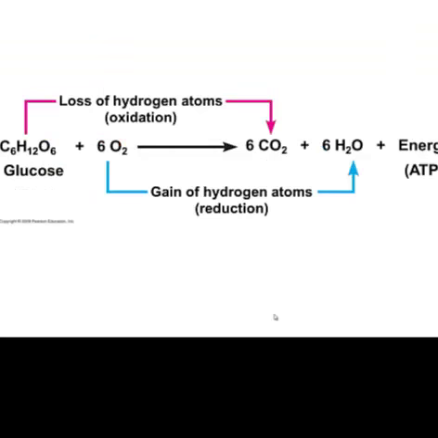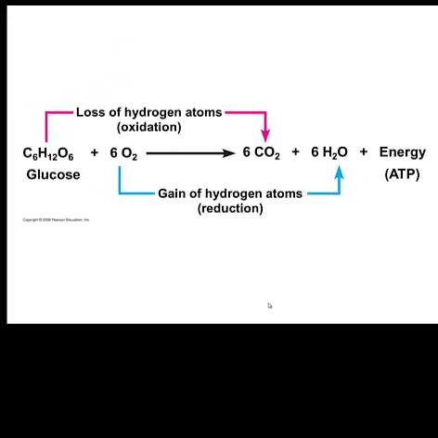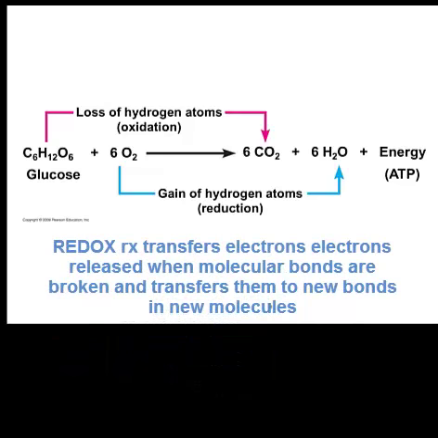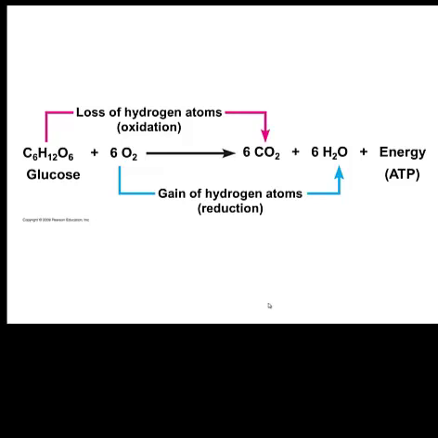So let's define redox reactions. Oxidation reduction, or redox reactions, transfer electrons released when molecular bonds are broken and transfer them to new bonds in new molecules. So as glucose is broken down, the electrons are ultimately transferred to carbon dioxide, and this is oxidized.